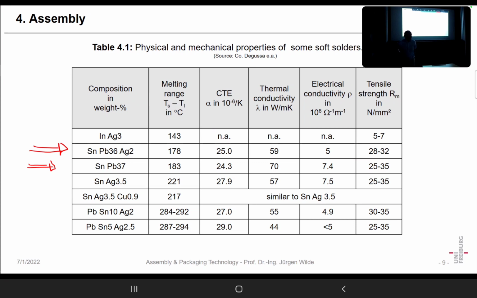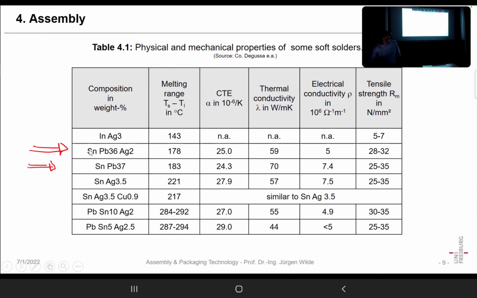For instance, it solders well. It has a relatively low melting point, but on the other hand, not too low. And so it was quite a hardship to change over to another alloy when we introduced lead-free soldering.